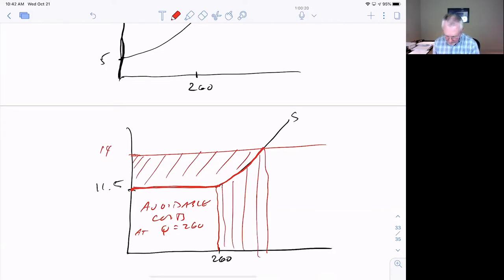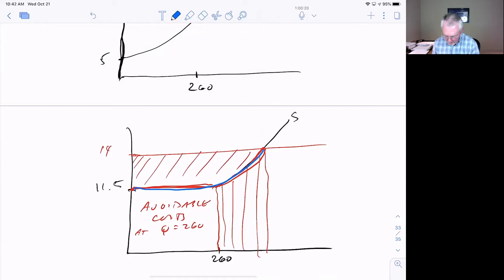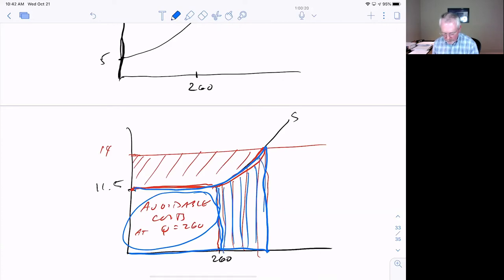So this becomes my total avoidable cost here, this area. Let me change color. I've accounted for my avoidable fixed costs in that rectangle, plus the variable costs that occurred up to 260. And then, since my avoidable fixed costs are fixed, I only need to add the marginal cost of those units in excess of 260 to reach my total avoidable cost.